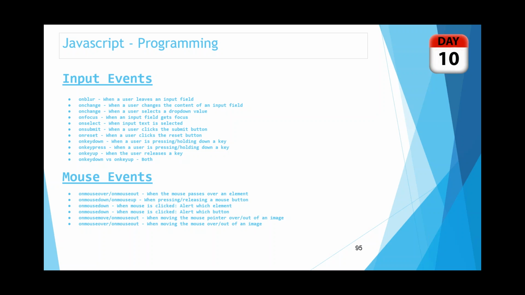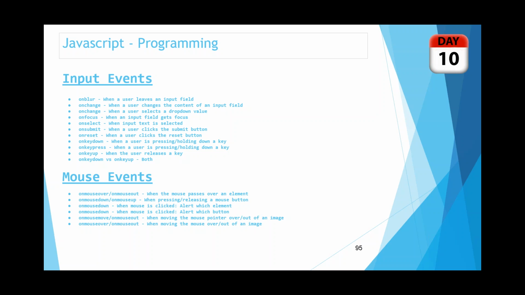Reset means all the controls or elements on the page will come back to the normal state, and all the values on those elements will be reset. On key down means whenever you press a particular key on the keyboard. The very first time when the key is going down, the key down event will be fired.